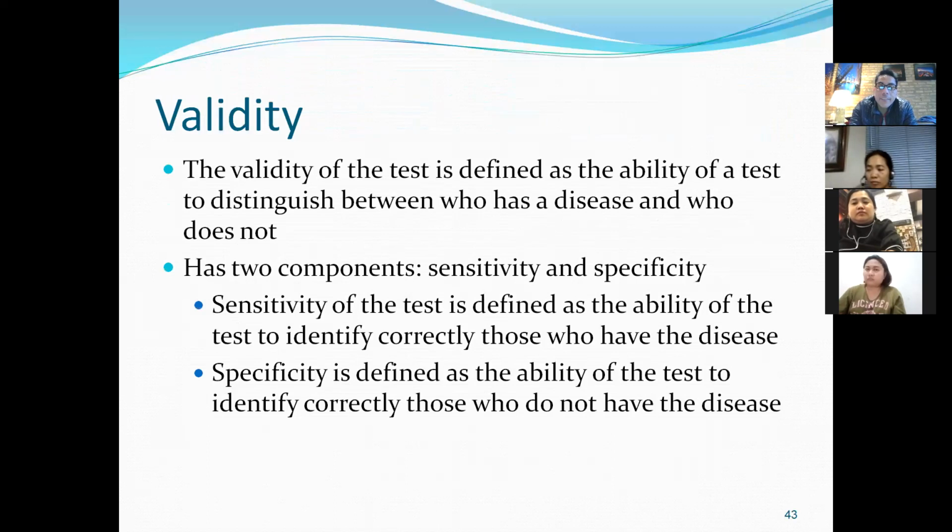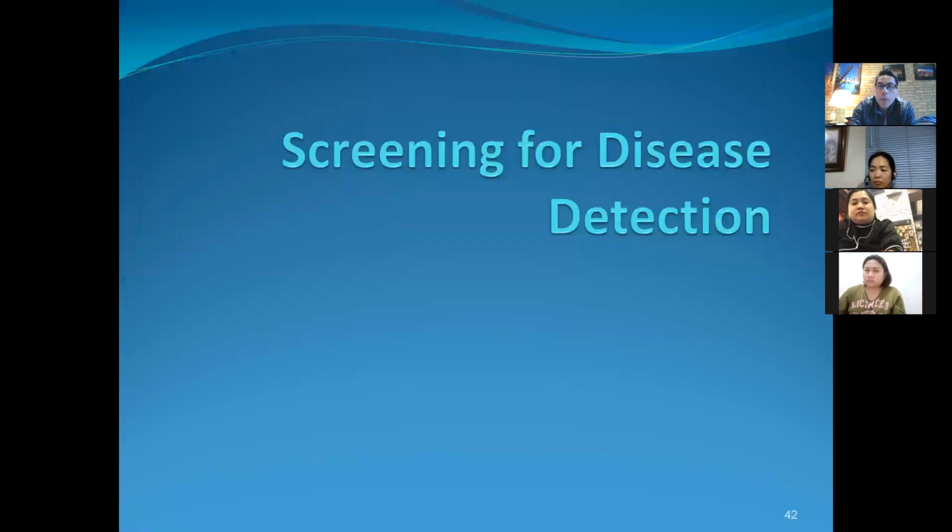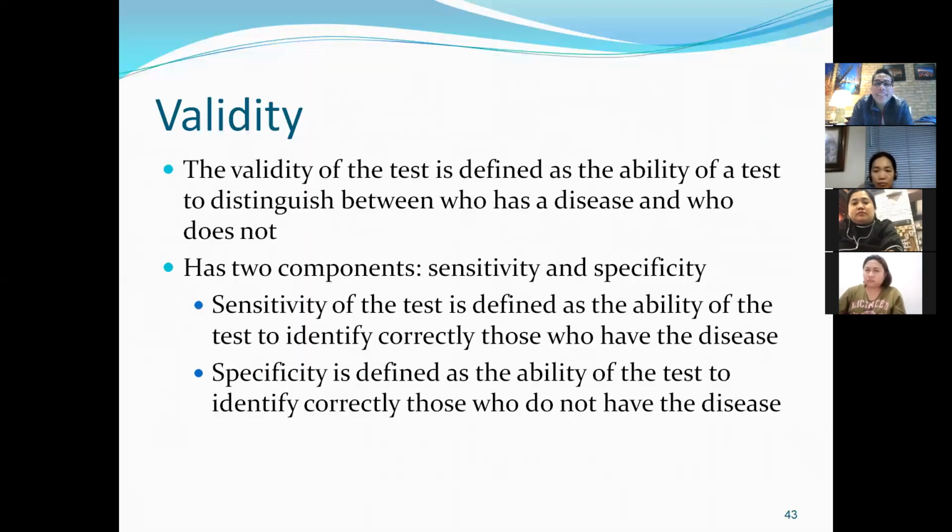For screening for disease detection, validity is very important. This is a very important concept when it comes to rigor, or what we call quality. Validity of a test is defined as the ability of a test to distinguish between who has the disease and who does not.